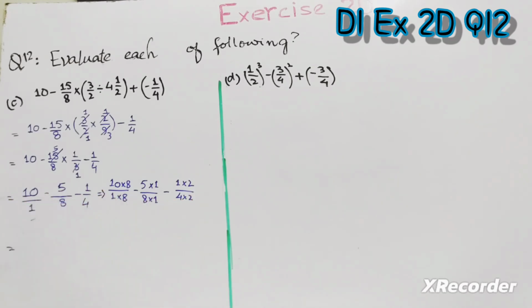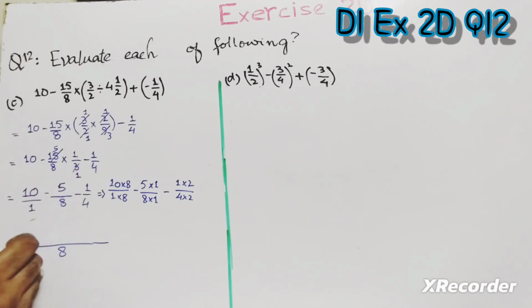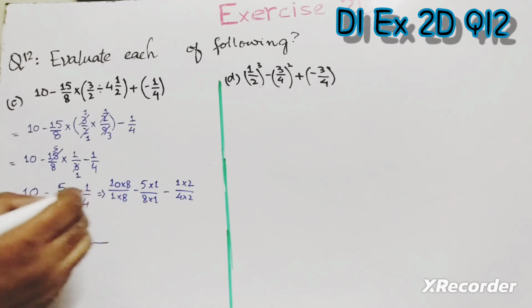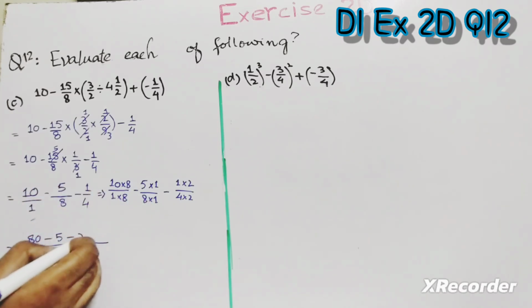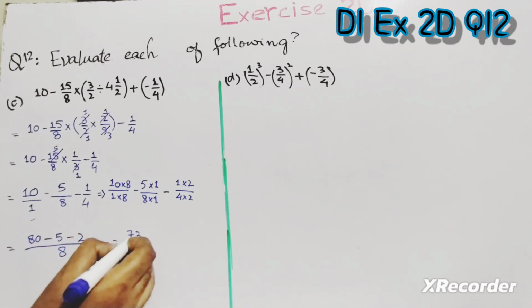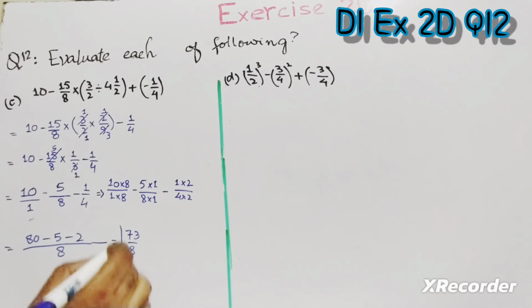So what we get, the common denominator 8, which is our LCM. So 10 times 8 is 80, less 5 times 1 is 5, less 2 times 1 is 2. What we get is 73 upon 8. That is our required answer.